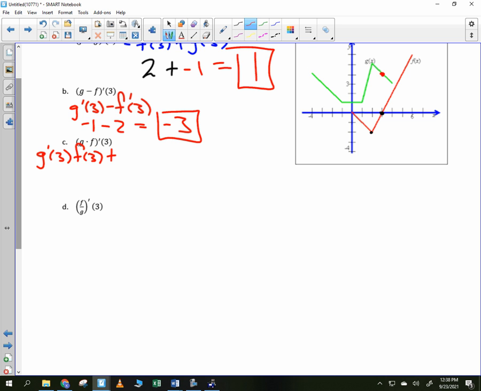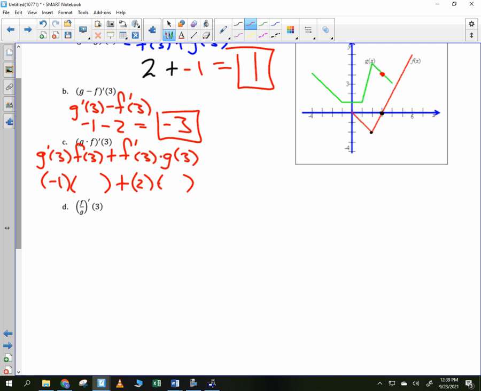Plus f prime of 3 times g of 3. Great. So we've already got some values here. We know g prime of 3 is negative 1, times something, plus f prime of 3, which we already said was dos, which is Spanish for 2.